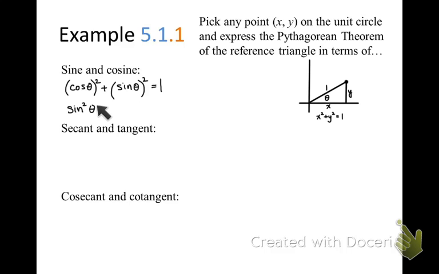If I left the square out here on the theta, that might look like the inside angle is squared and not the trig function. So that's all I'm doing there. That's a notation that you're going to want to get familiar with. And then we would say plus the cosine squared. So I've just switched the two terms is all. That's how you're going to see this particular identity. It's going to be this guy right here.